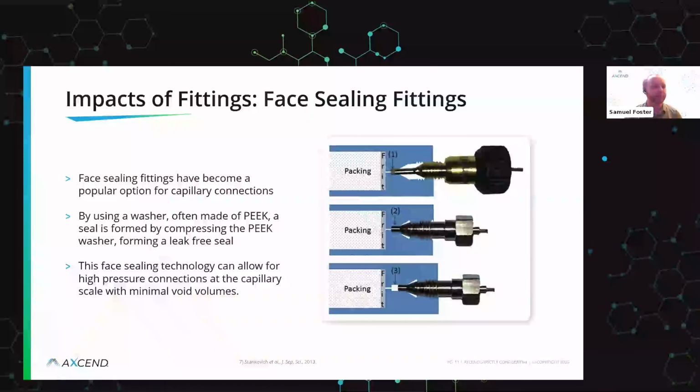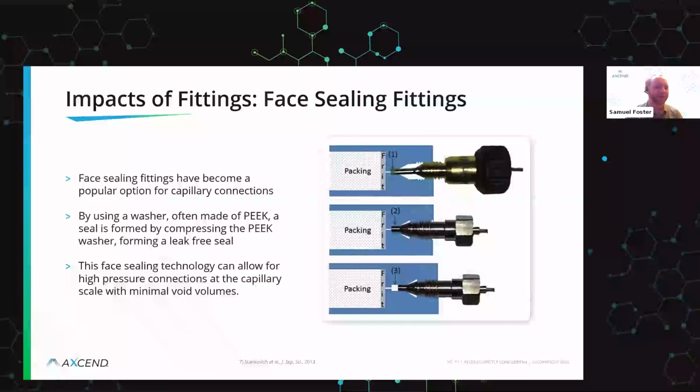It's reusable across multiple different depths, and so it's incredibly useful on the capillary scale because this limits the need to set a new fitting each time. They're often finger tight, so you don't have to worry about crushing the capillary. And because the face sealing does deform to fill that space, if there are minor nicks and it maybe isn't necessarily the most flush if you've custom cut your length of tubing, it can pull a little bit of its weight and try to fill in some of those voids.